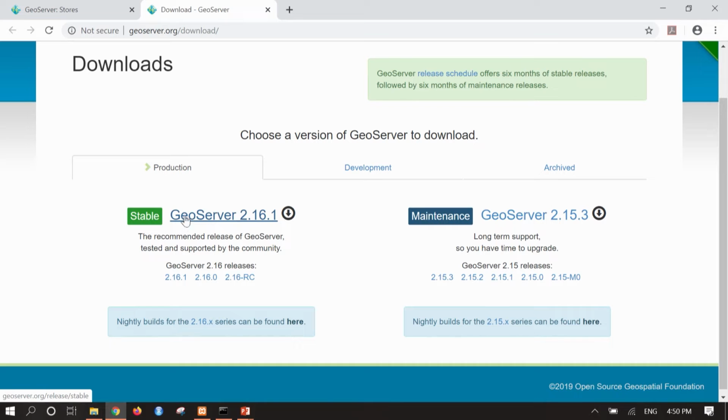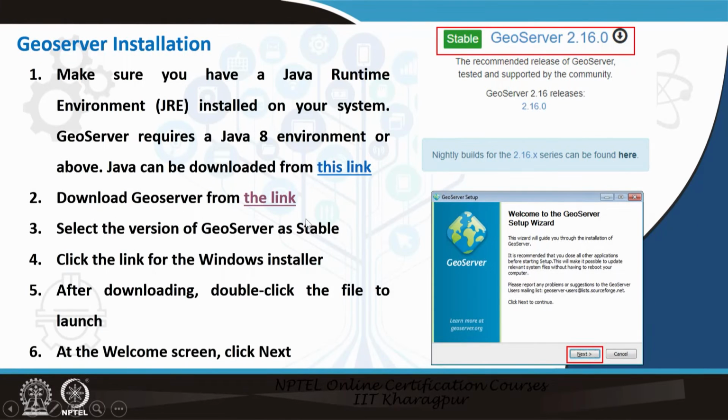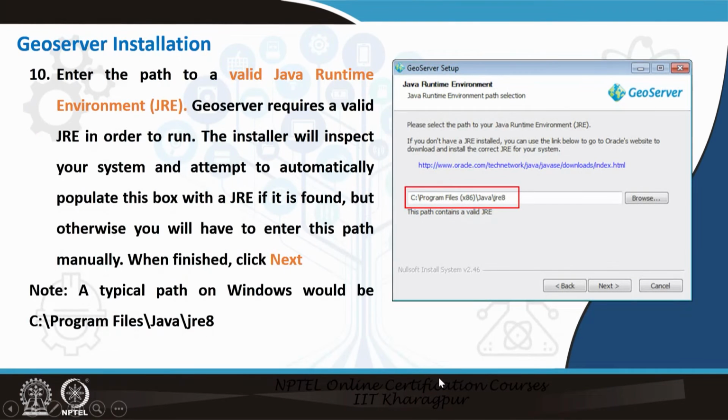Once the application is downloaded, then you can go directly for the installation. When you click on that particular file, the GeoServer welcome wizard opens. You have to press Next, and then once you give the designated folder in the C drive or D drive or any of your drives, you just click on Next, and this will take you to the main GeoServer installation.